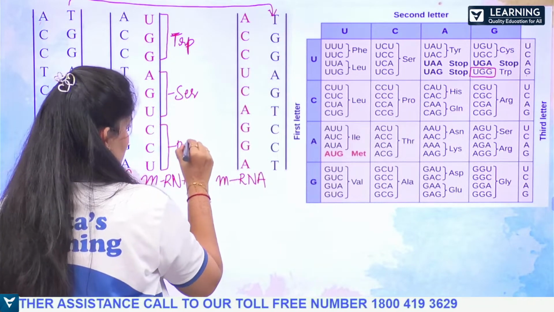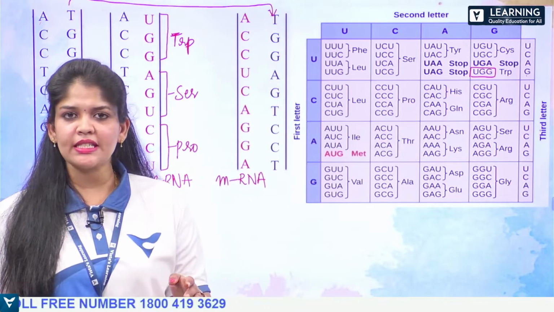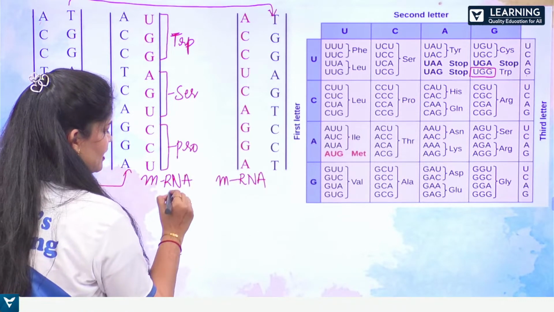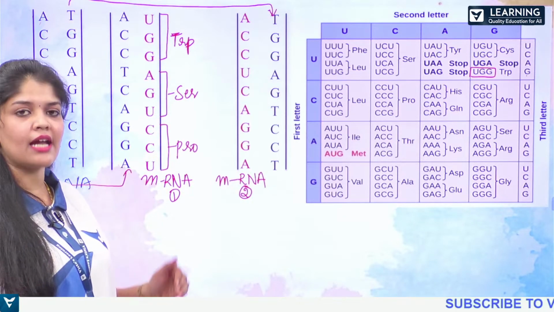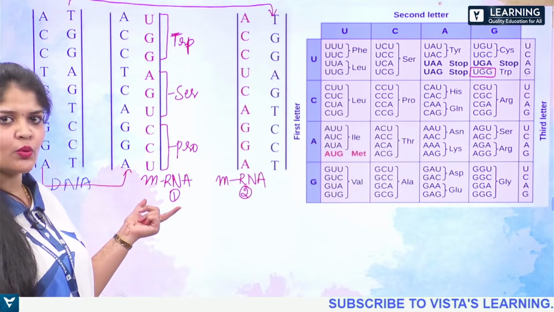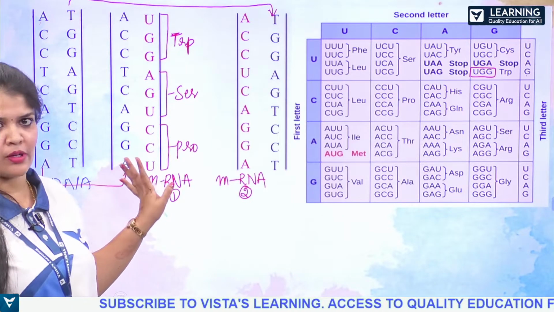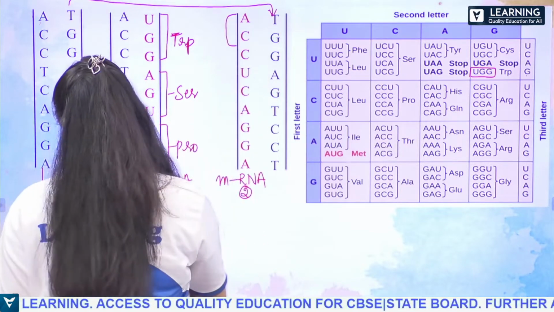So this is the sequence of amino acids that are coded by the first mRNA. Let's consider this is the first mRNA and this is the second mRNA. What is the sequence of amino acids translated by the first mRNA? That is tryptophan, serine, proline. Similarly, we'll check for the amino acids.